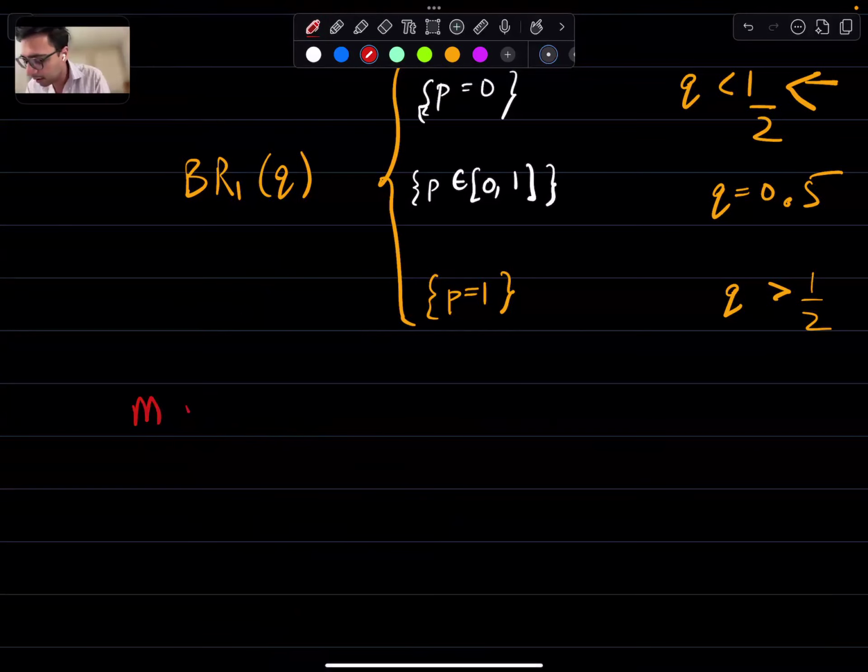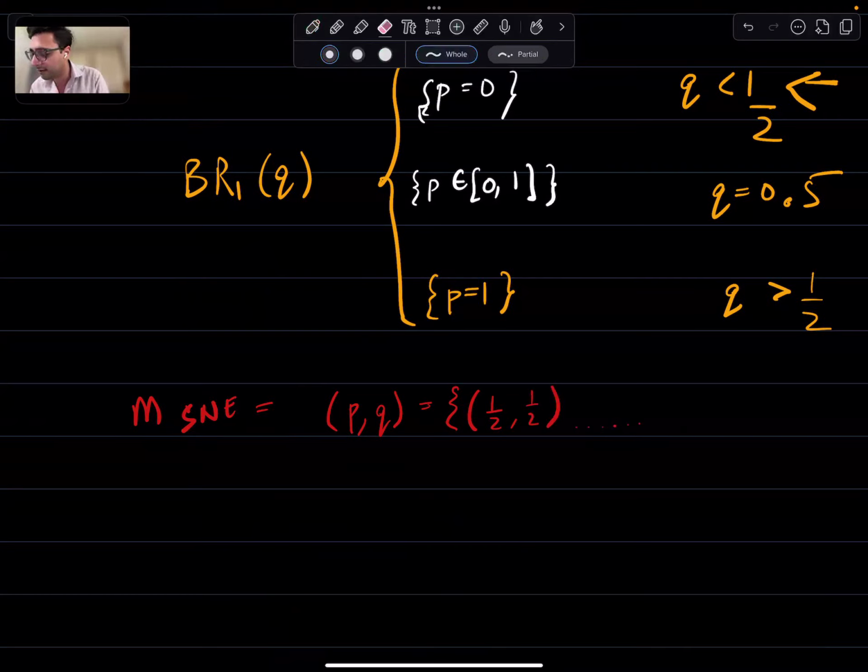Here, the MSNE is the set that is PQ equal to 1/2, 1/2. If there was something else here, I would add it, but there isn't. So I can put a star to make the P's and Q's feel special.